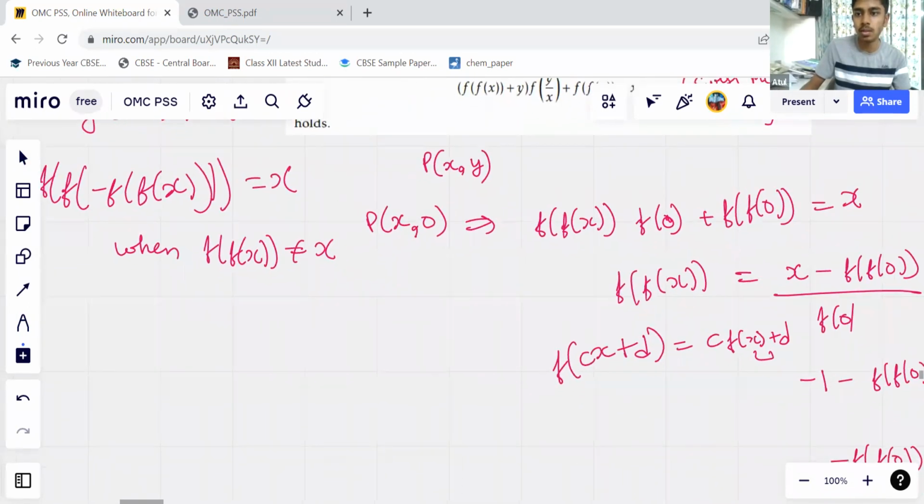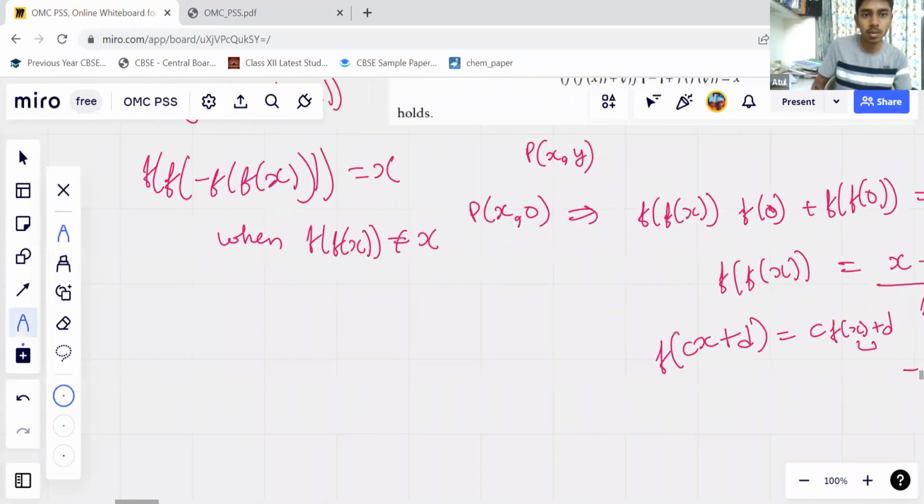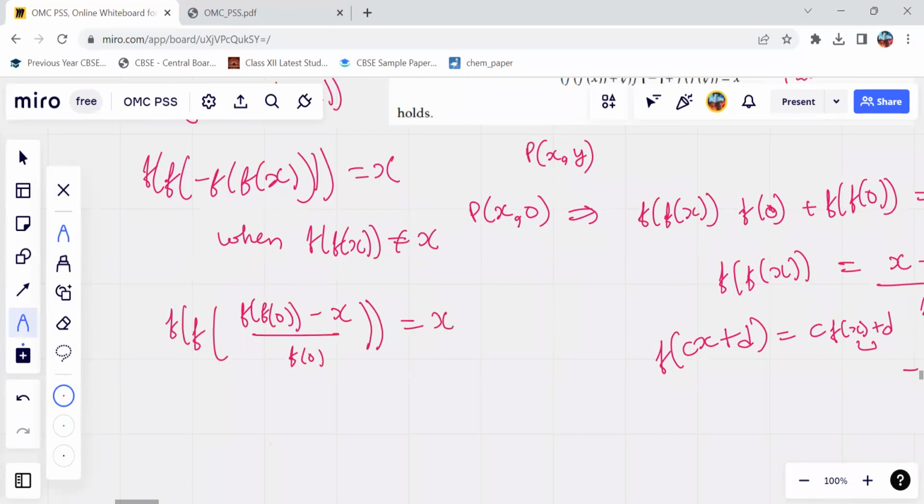But we do know that minus f of x is just minus x plus f of 0. It looks weird, but I'll just write it just in case. F of 0 minus x by f of 0. Do this with cx plus d, right? So you'll get some equation on c and d because you'll get some linear thing equal to x, so you get actual values of c and d.